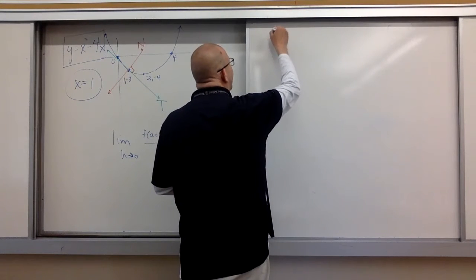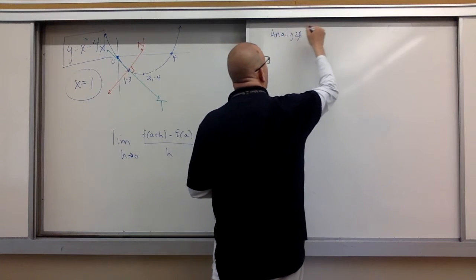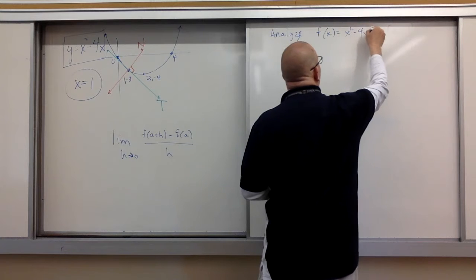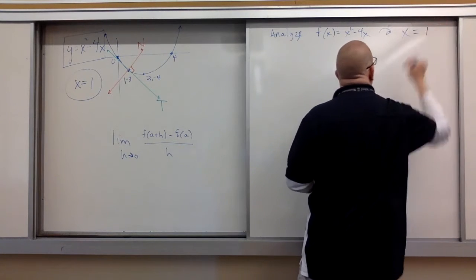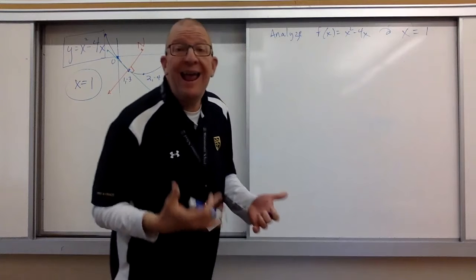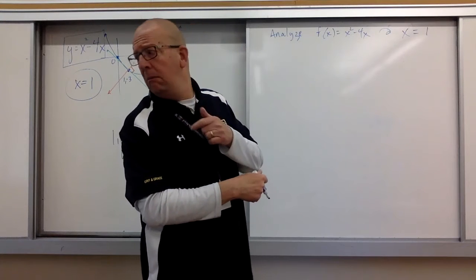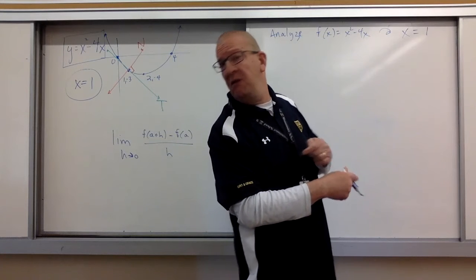So we want to analyze this function, f of x equals x squared minus 4x, at x equals 1. So in other words, our a value is 1. What was that definition again? There it is.